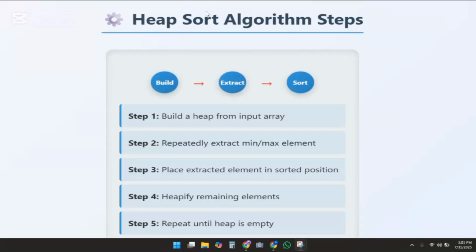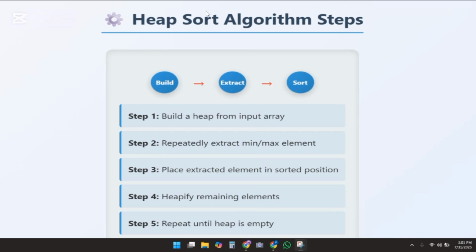Here's how the heap sort works step by step. First, we build a heap from the given list of elements. This means we structure the data into min or max heap. Second, we extract the root element, which is either the maximum or minimum depending on the heap type. Then we place the extracted element in the sorted position.